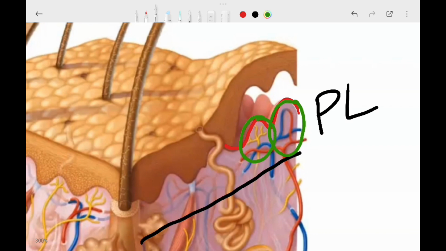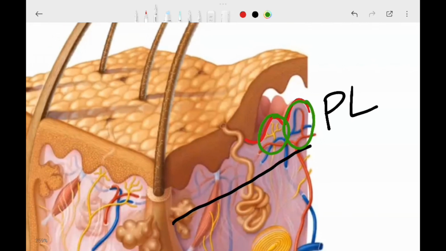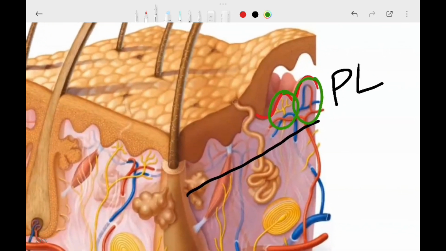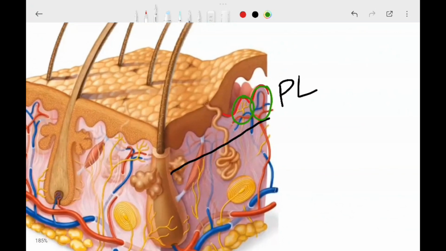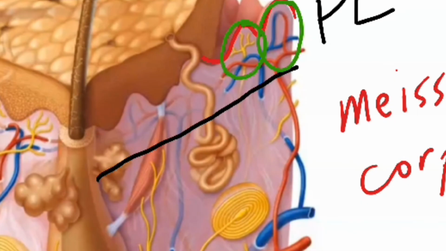So a cutaneous sensation, which is also known as a free nerve ending, this picks up sensation from the skin. And there's actually another type of nerve ending that's not in this picture, and it is called the Meissner's corpuscle, which goes right up here and has a knob-like ending.